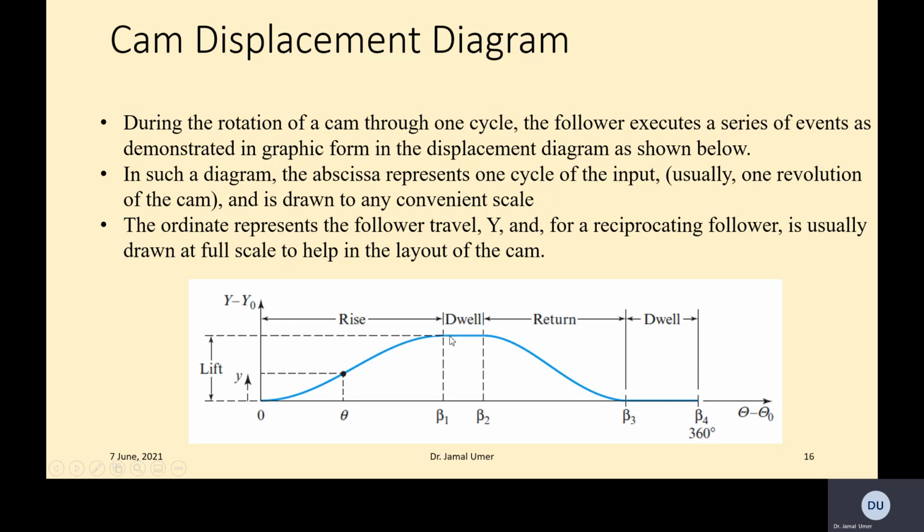So that's like a horizontal line on such a graph. That's the dwell. And there is another dwell as well in a cam, which could be much longer, which is after the return. So after the return from 360 you will start again, so you will have rise, and it continually goes like that.